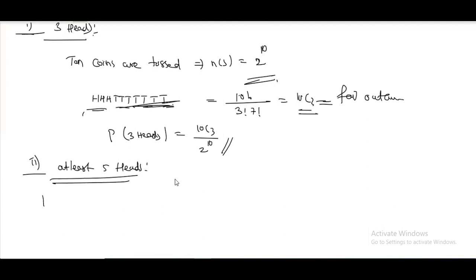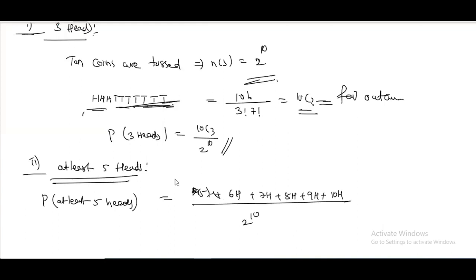So at least 5 heads means P of at least 5 heads. We can take the probability of 5 heads plus 6 heads plus 7 heads plus 8 heads plus 9 heads plus 10 heads, divided by the sample space.